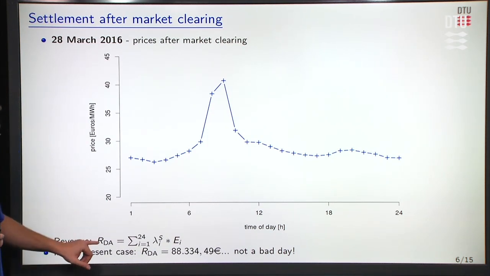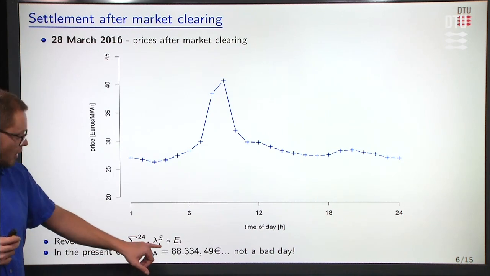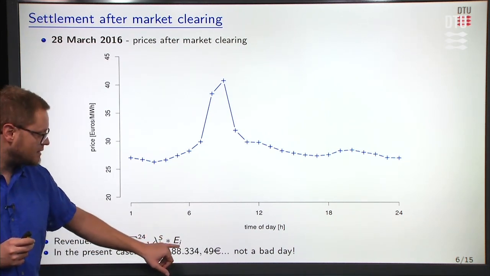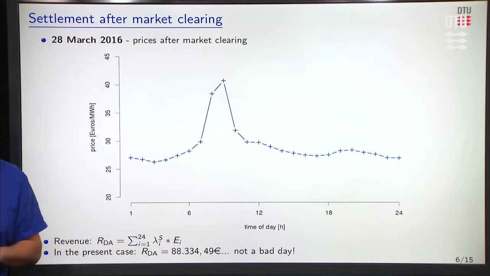So that gives revenue for the day-ahead, R_DA, is equal to the sum i equal 1 to 24 of the market clearing prices lambda_i^S times our volumes E_i. In the present case, that gives a day-ahead revenue of 88,334 euro 49 cents. Not a bad day.